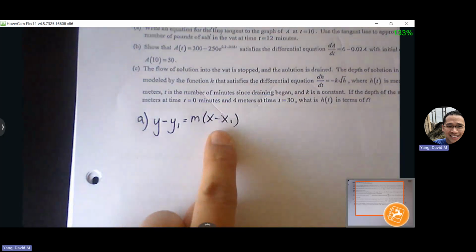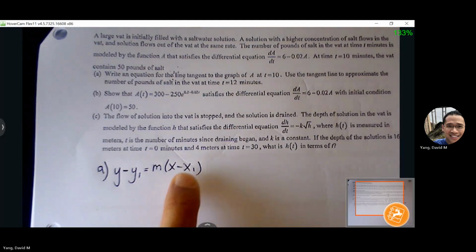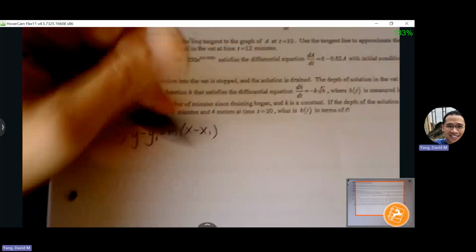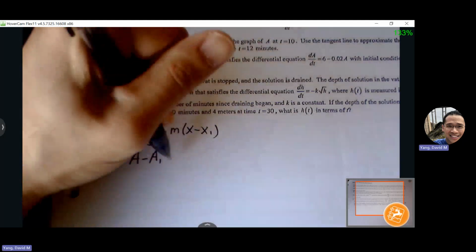So instead of x, what variable are we working with here? T, yep. Instead of y, we're going to use what? A, yep. So let's go ahead and just make the adjustment so that we can have that in front of us.